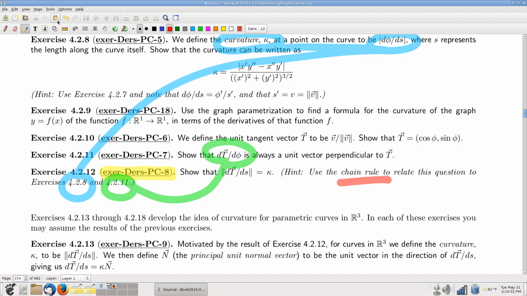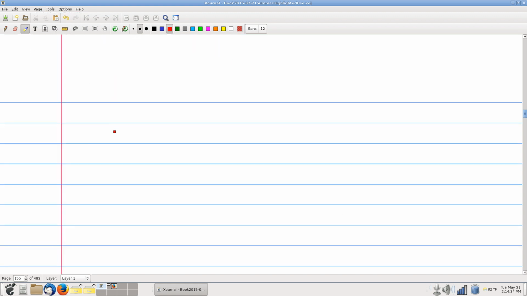Let me give myself a little bit of space down here. Okay, so dt ds equals dt d phi d phi ds. That's just the chain rule.